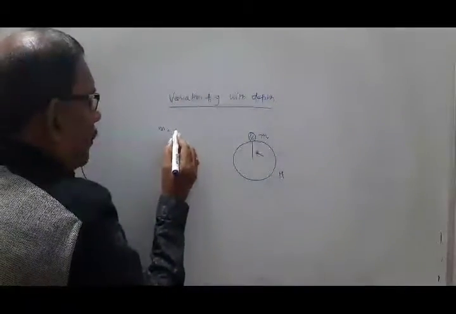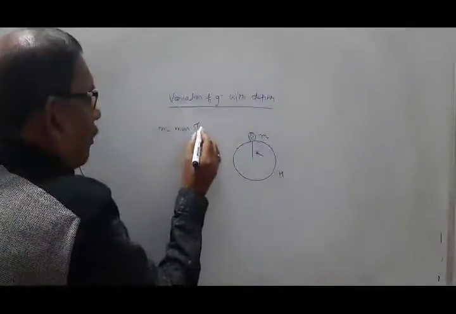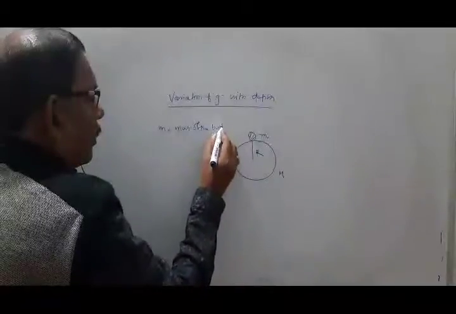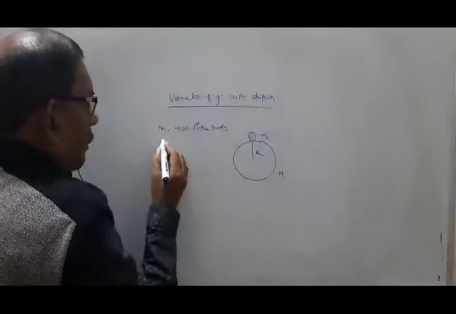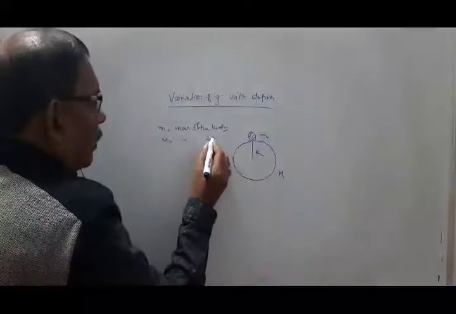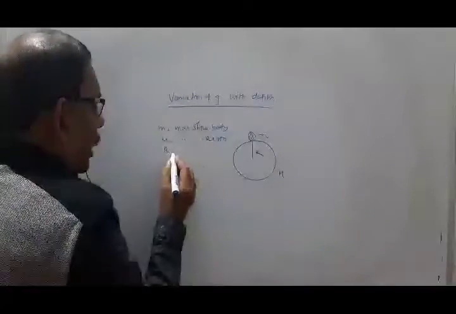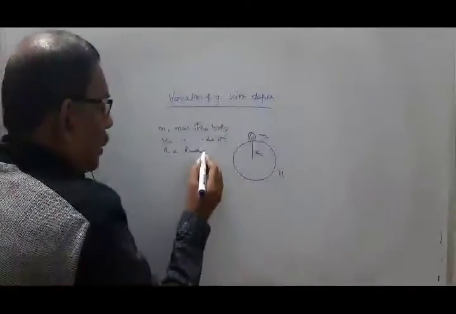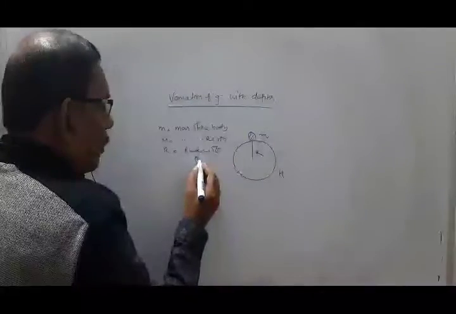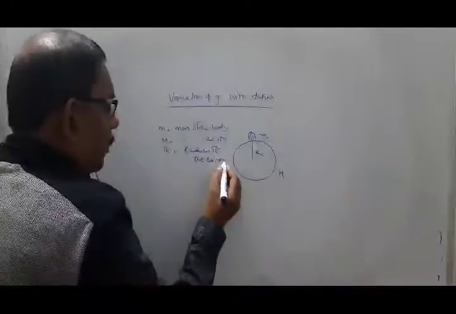So small m is the mass of the body, capital M is the mass of the earth, and R is the radius.